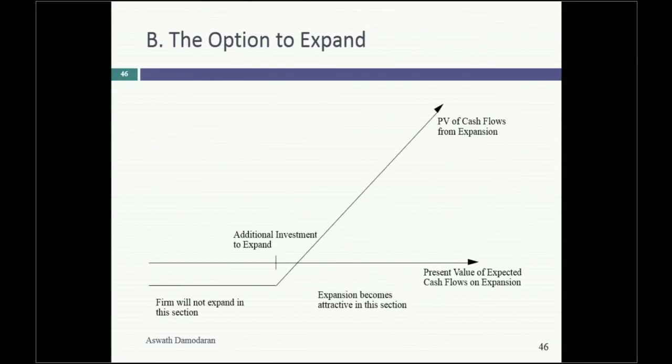And here's how you have to think about the payoff diagram. You can spend the money to expand. You know upfront what it will cost you, but you will do it only if the present value of the cash flows from expanding exceed the cost of expanding. So right now it's not viable, but who knows, that first project might give you information that allows you to make a judgment that it becomes viable, in which case you develop it and make the money.